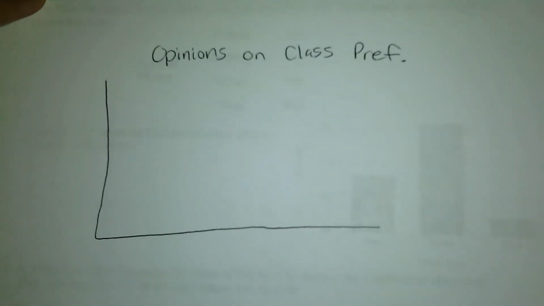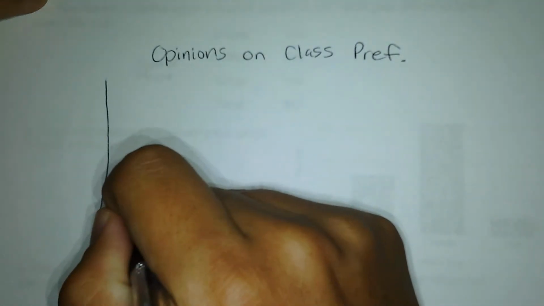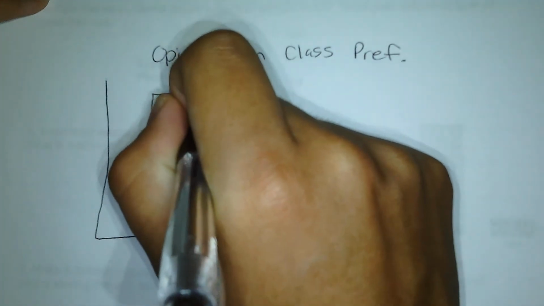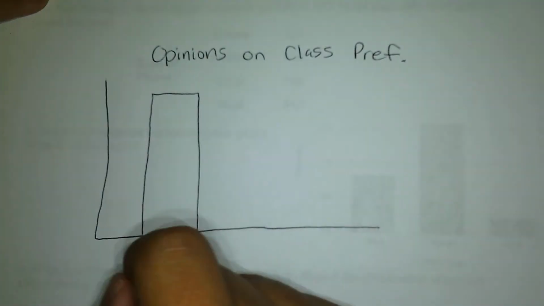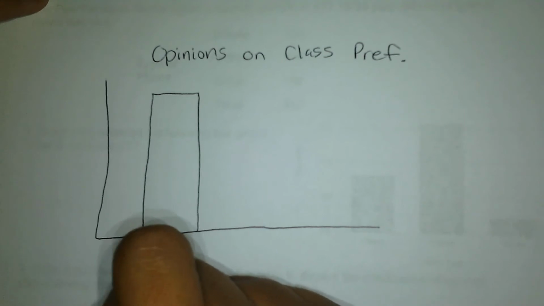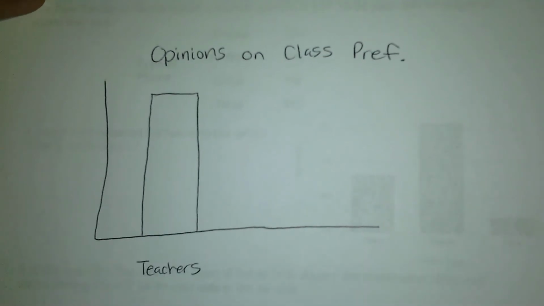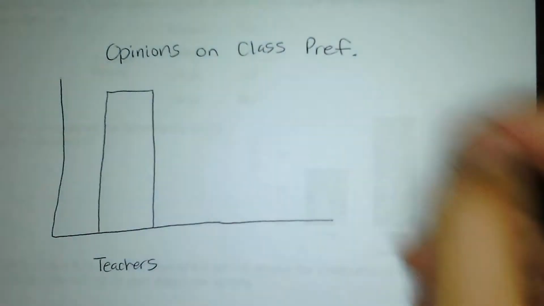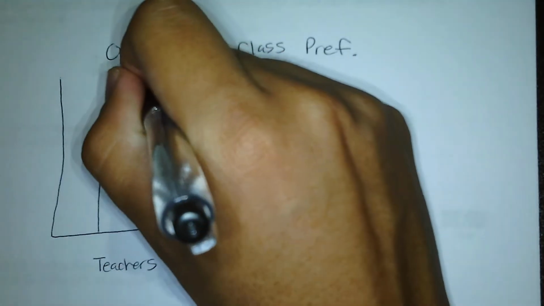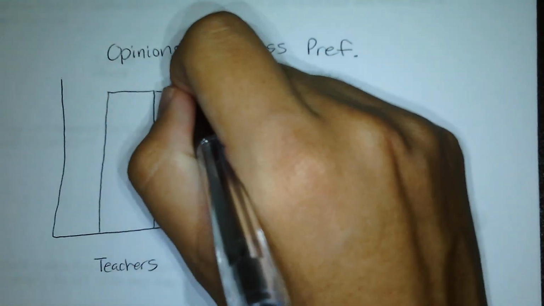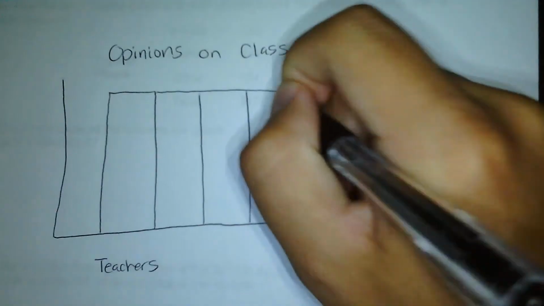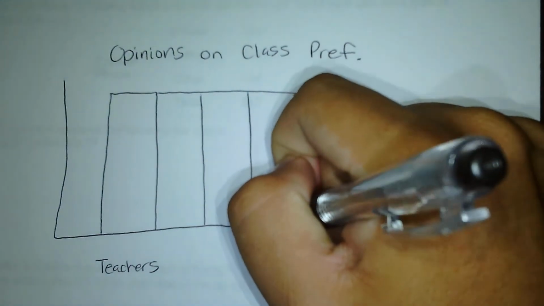So when I draw my bars here, I'm going to have this one bar that represents my teachers. So I'm going to label that down here, my teachers. And because I interviewed 5 times as many students, in order to display that data, I'm going to just extend the bars out. So let's say I've got, all right, this one for students, this one for students, this one for students.